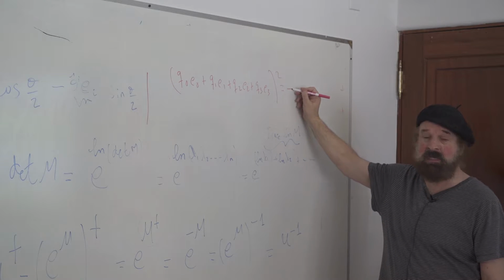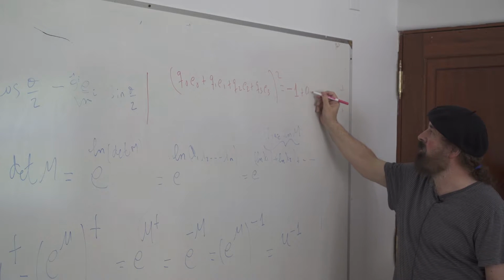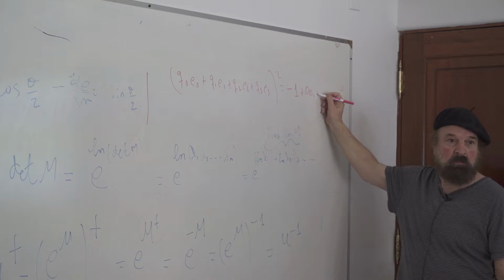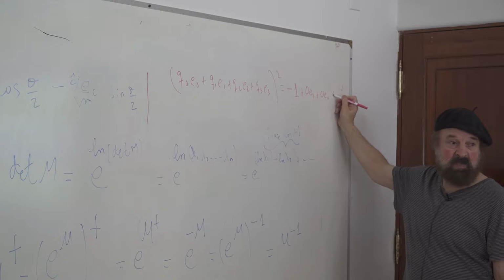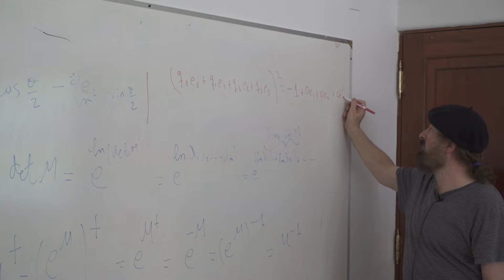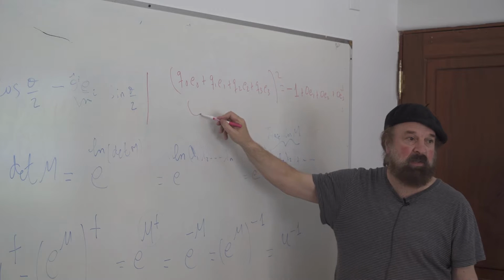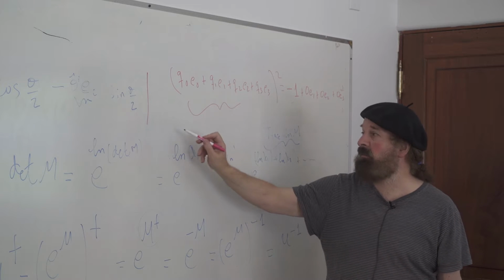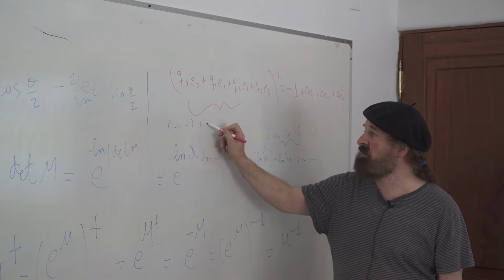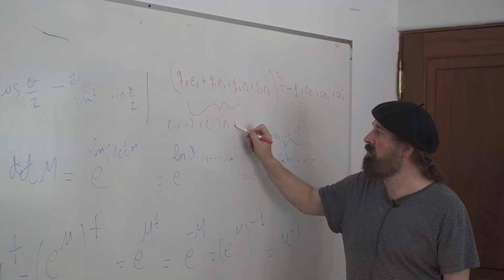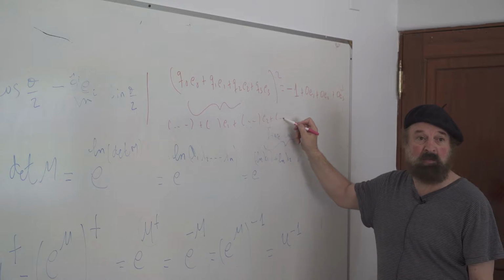I can write this -1 like this: -1 plus 0 E1 plus 0 E2 plus 0 E3, right? So when I square this, I'm going to have something which is real, and then something that multiplies E1, something that multiplies E2, and something that multiplies E3.